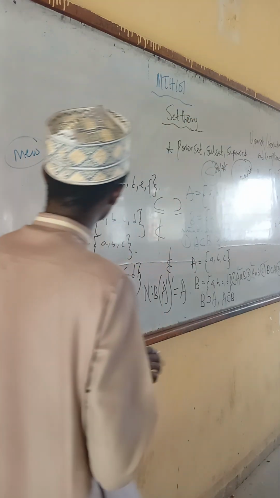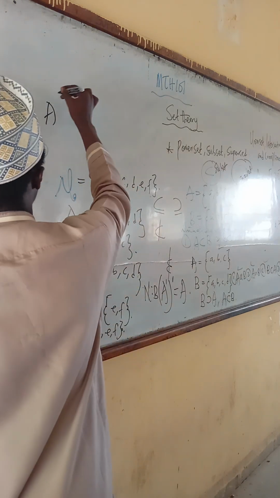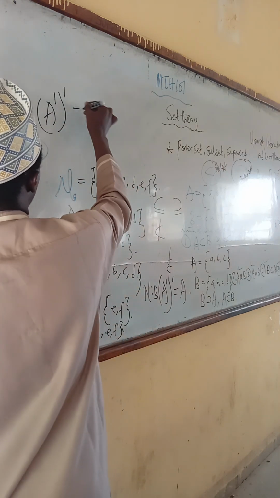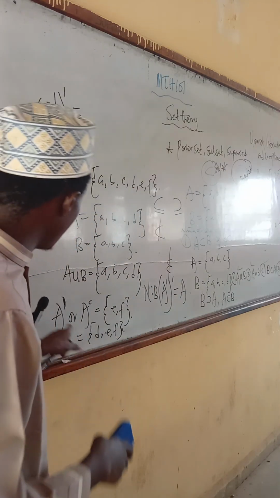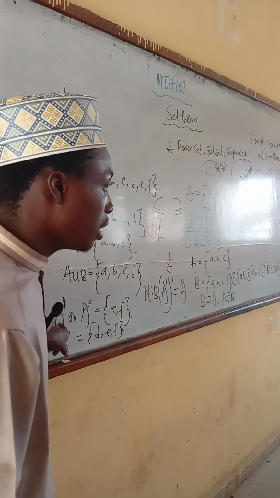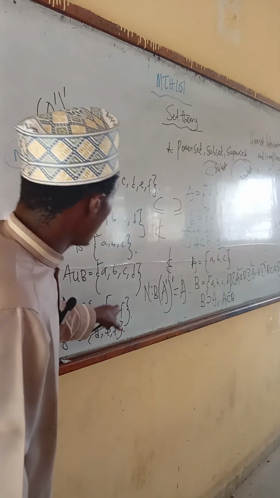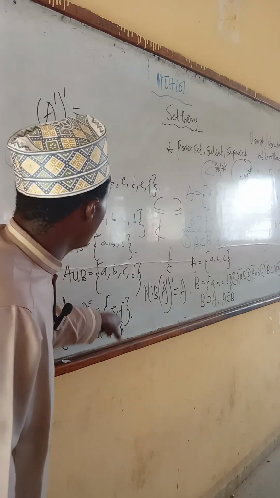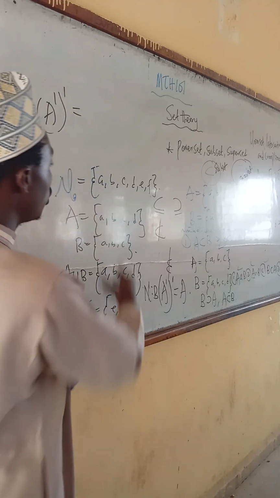So now let me test this. A prime. You want to find the prime twice. We have already found A prime here. Our A prime is E, F. Let's find the prime again. What are the elements in that set that you can see in A prime? A, B, C, D. What do you have back?